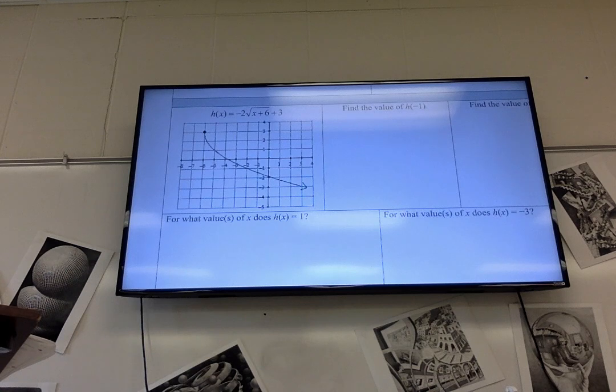So h of -1 just means that we replace x with -1. Make sure what's under the square root stays under the square root.